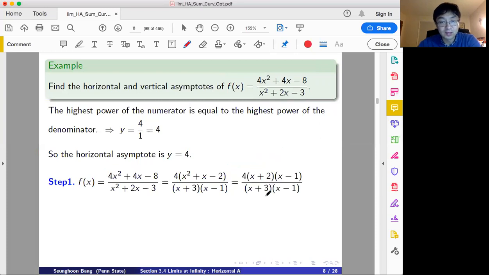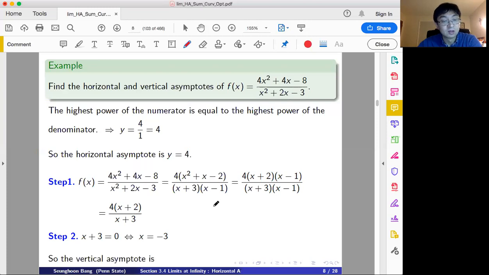You can factor like this. So x minus 1 is a common factor, just cross out the common factor. We have 4 times x plus 2 over x plus 3. Next step, solve denominator equal to 0. x plus 3 equal to 0, subtract 3 from both sides, x equals negative 3. So the vertical asymptote is x equals negative 3. This is the whole idea for solving this kind of problem.